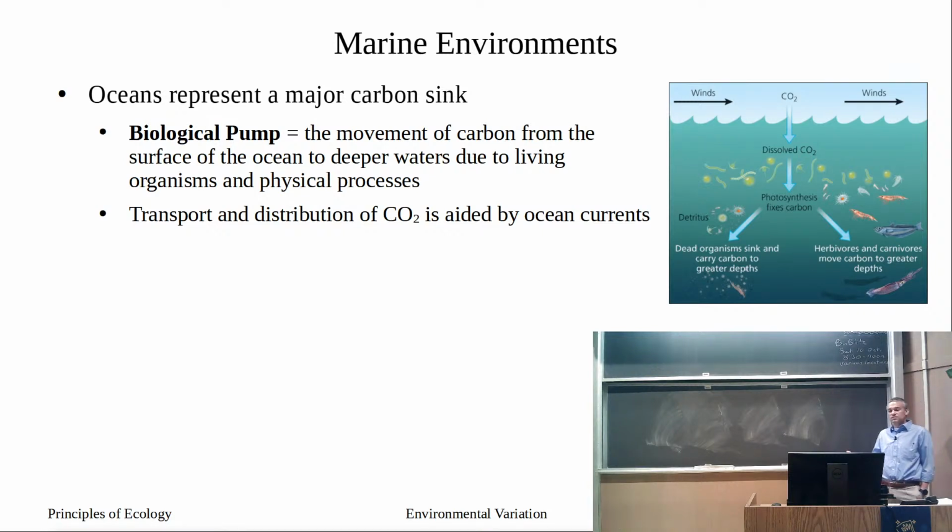All right, and then those compounds get eaten by herbivores, which then integrate it into the tissue. Those herbivores get eaten by prey or by predator, and so forth and so forth. So eventually what happens is that you have this buildup or movement of carbon down into the predators. You also have dead organisms that will sink down to the bottom, taking carbon down in the ocean.